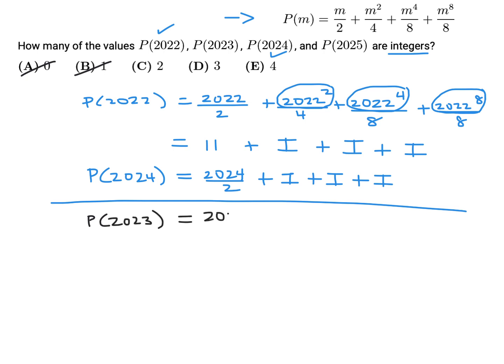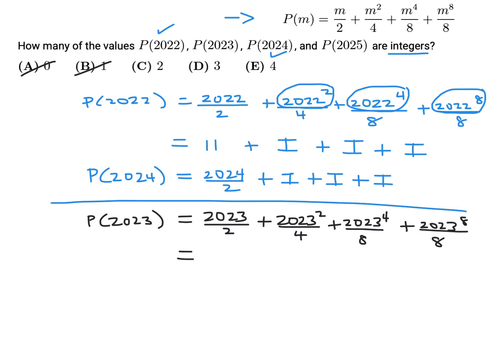So we have 2023 to the power, divided by 2, plus 2023 squared over 4, plus 2023 to the power of 4 over 8, plus 2023 to the power of 8 over 8. Okay, well, this guy is not an integer. It is 1011 plus a half.